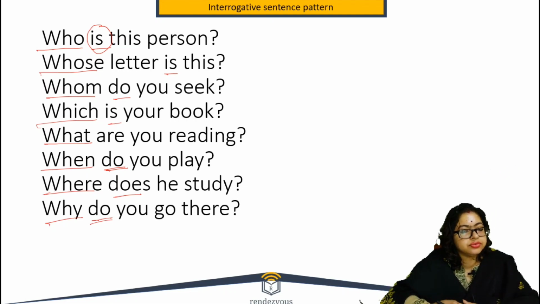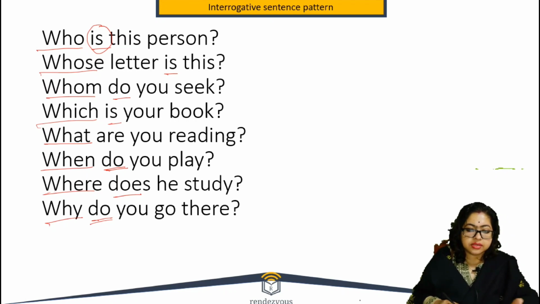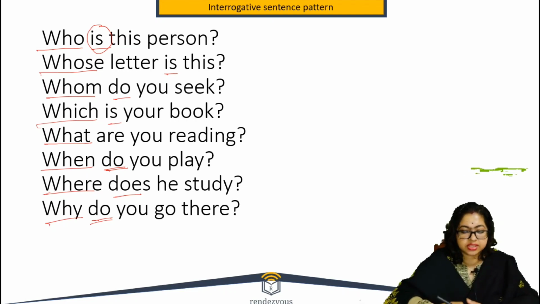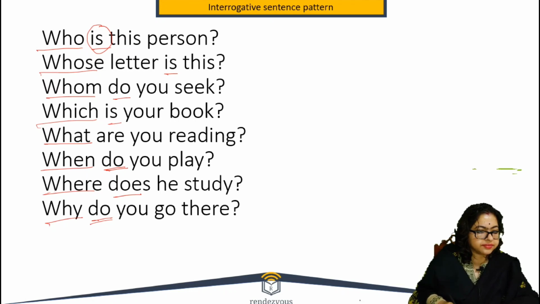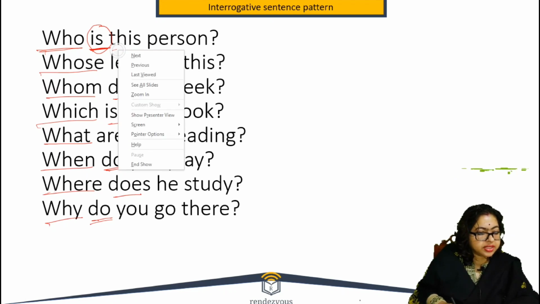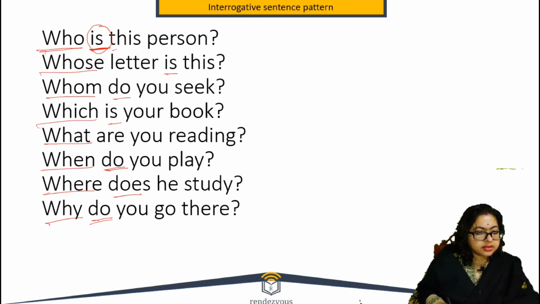So for these kinds of sentences, the WH words come first, and then the verbs, be it the be verb, be it the do verb as an auxiliary, and then the subject. As you can see, first the WH word, then the be verb, and then the subject.